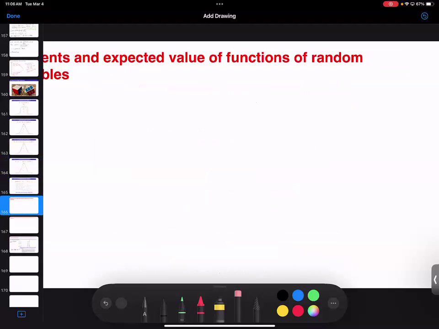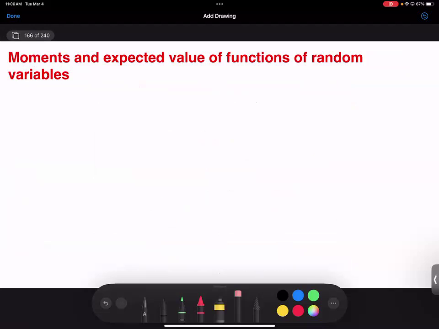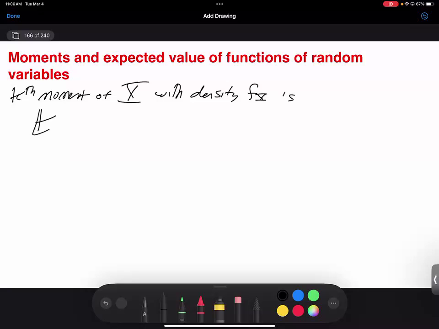Okay, so we've got a few minutes left. We've already talked a little bit about moments and expected values. More generally, the kth moment of x with density f sub x is the expected value of x to the k, which we define as the integral from minus infinity to infinity of x to the k times the density at x dx.